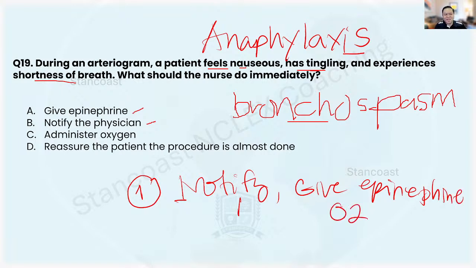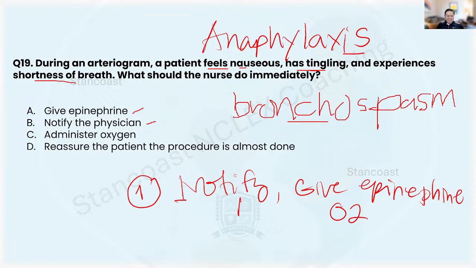Yeah, none of these really would be number 2, 3, because at the same time you can do all these things, or maybe get somebody to help you out with the administration of O2. But again, notification is very important here, guys.